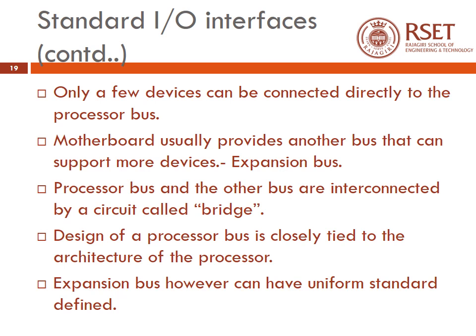This processor bus and expansion bus are interconnected by a circuit known as a bridge, and whichever extra input or output devices are there, they can be connected to the expansion bus, and this expansion bus will be connected to the processor bus through this bridge. Now, the design of a processor bus is very closely tied to the architecture of the processor, whereas the design of the expansion bus can be made a uniform standard based on the requirements of the different interfaces of the input output devices. That is the purpose of introducing an expansion bus.